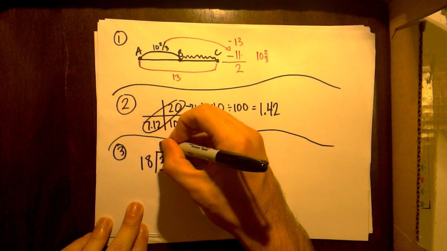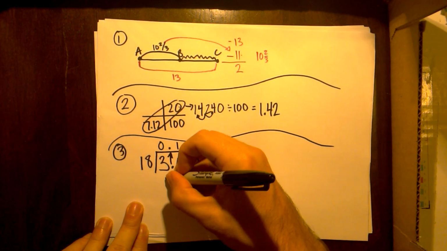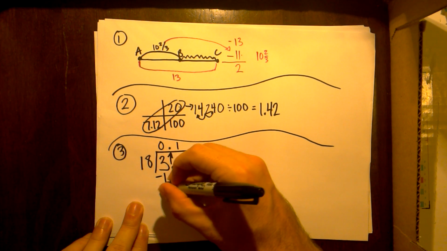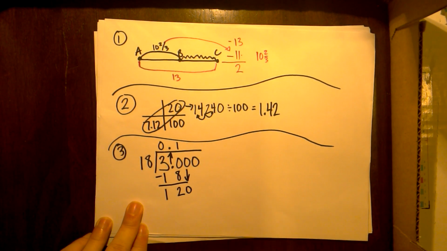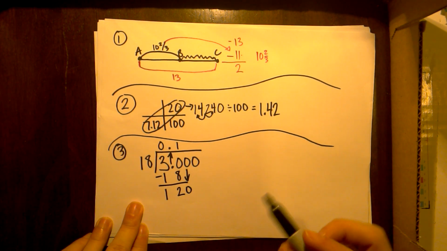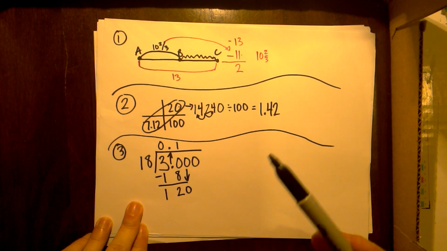18 goes into 3 0 times. Bring the decimal straight up. 18 goes into 30 1 time. Subtract 18. 12 left over. Bring down a 0. 18 goes into 120. Okay? I had to stop and think about this one. I thought, okay, 18 times 5 is 90.